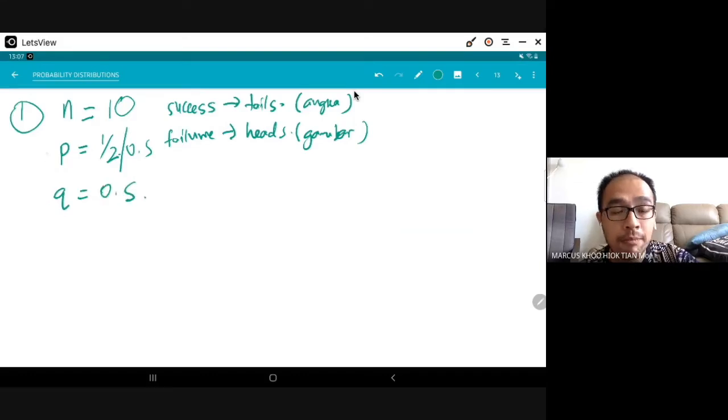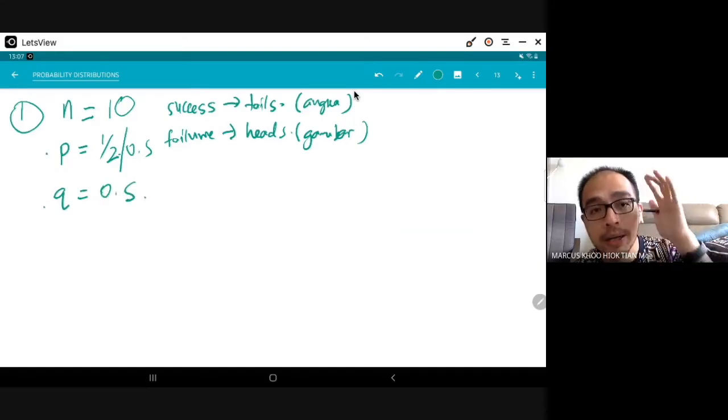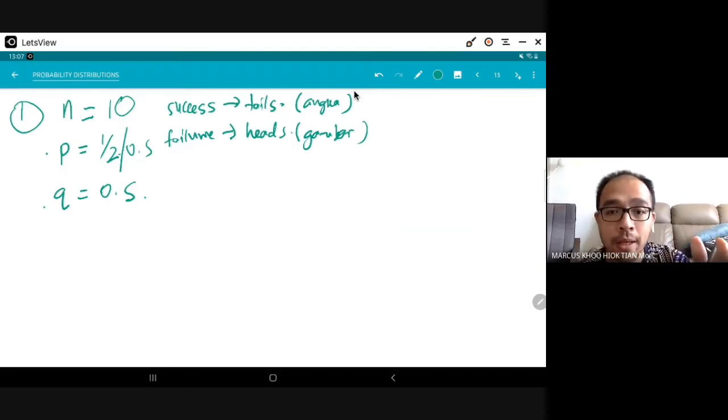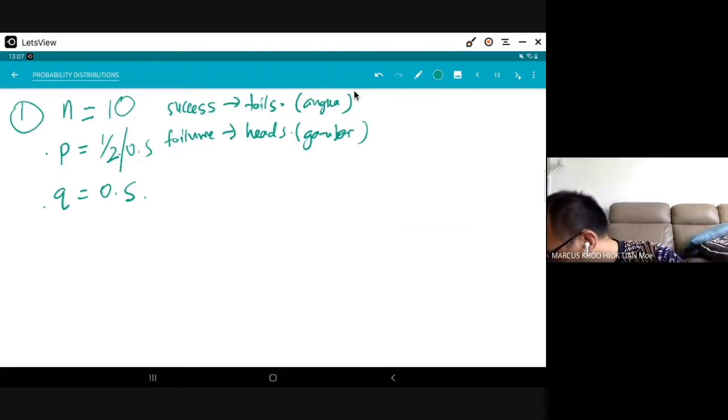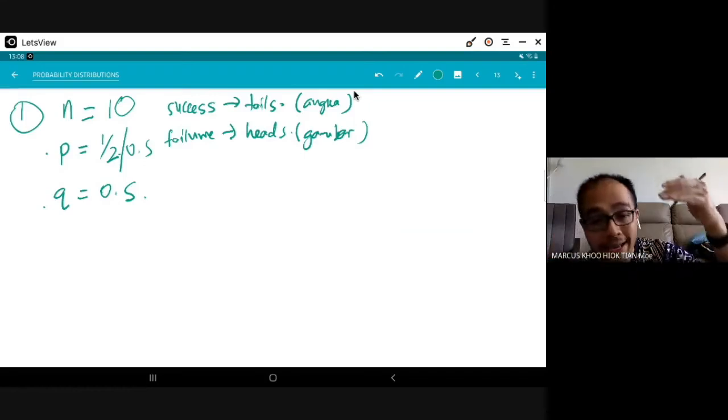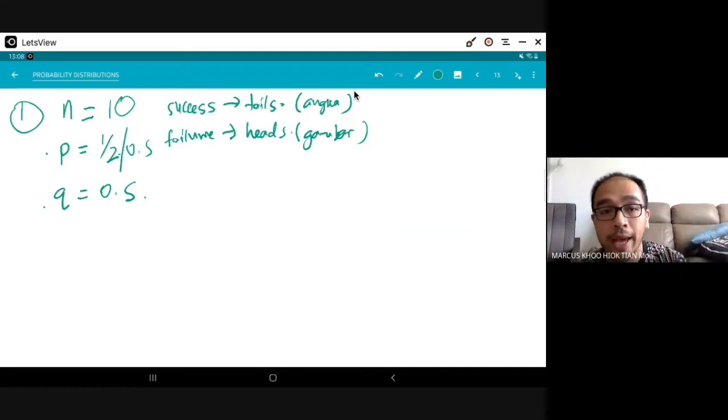Disebabkan P tambah Q mesti sama dengan 1. Okay, so the question say, find the probability that the tails appear exactly 4 times. Exactly 4 times means our R equals to 4. Okay, so we are finding for the probability of R equals to 4.